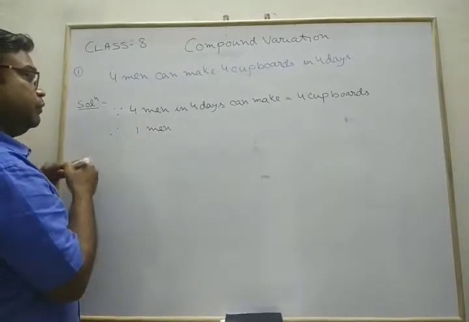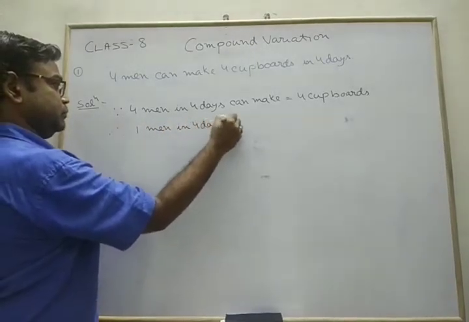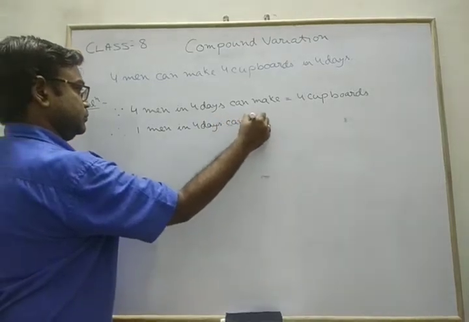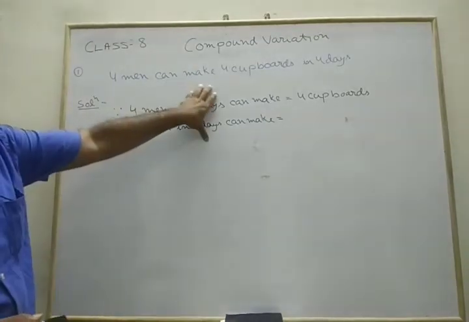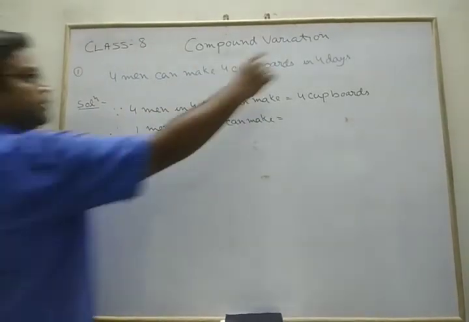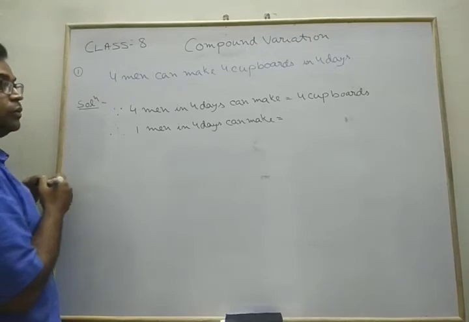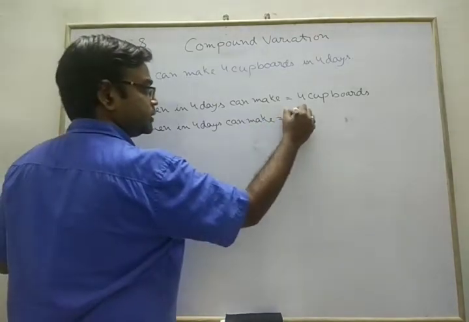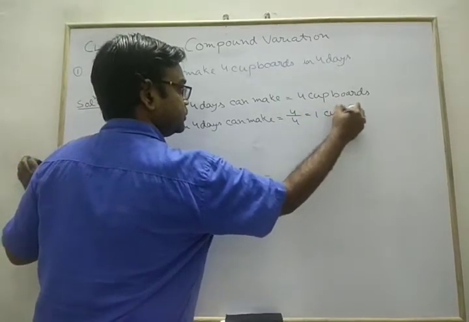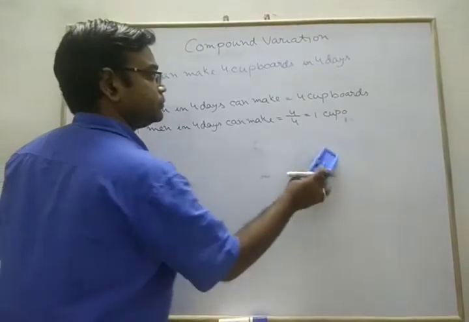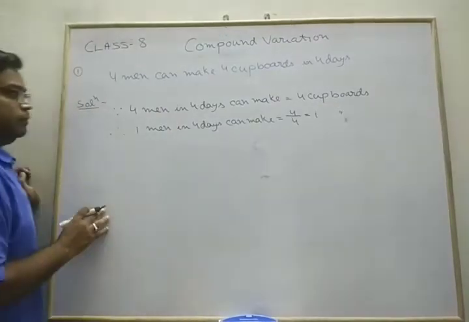So 1 man in 4 days can make, 4 men make 4 cupboards, so 1 man makes fewer cupboards, that is 4 divided by 4, which equals 1 cupboard. Clear?